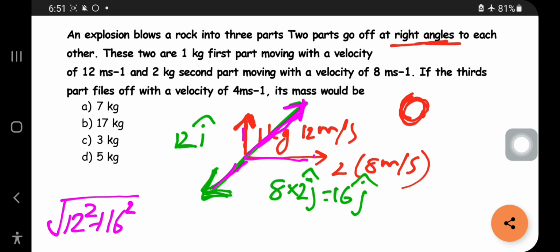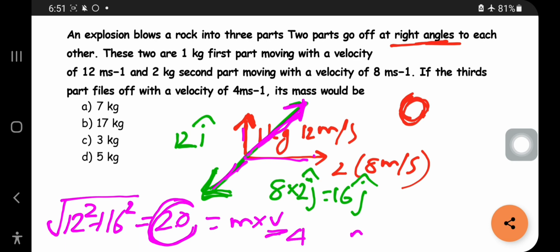You will get 144 plus 256, which is 400, root of which is 20. So this is the momentum. The other one is moving with a velocity of 4. The momentum is equal to mass into velocity. The velocity we found is 4, so the mass will be 5 kg. So this is the option.